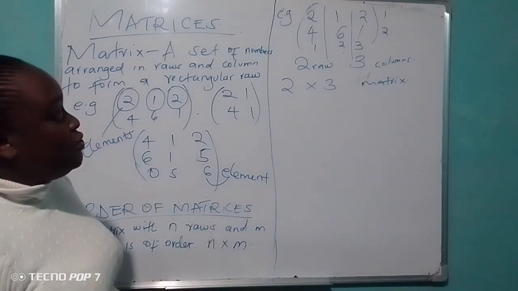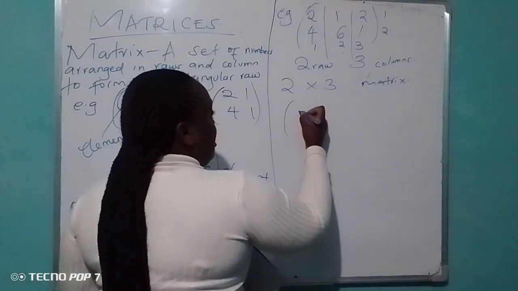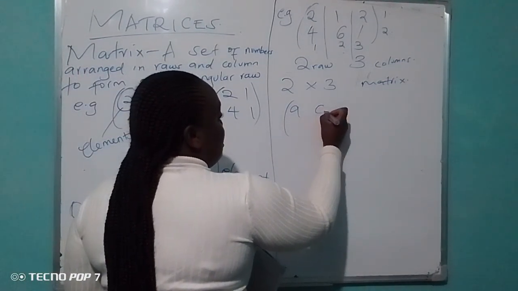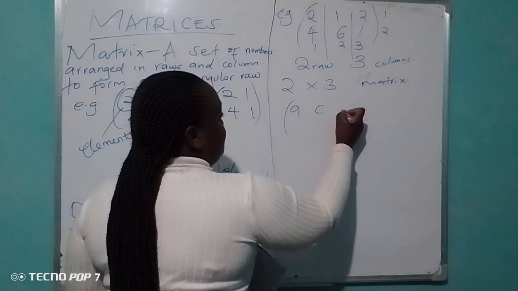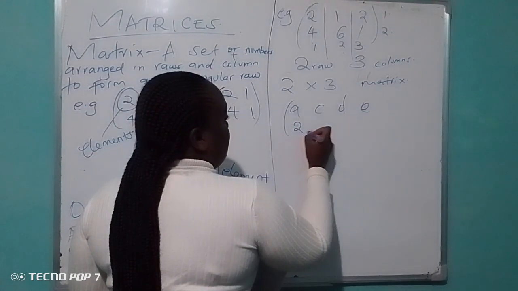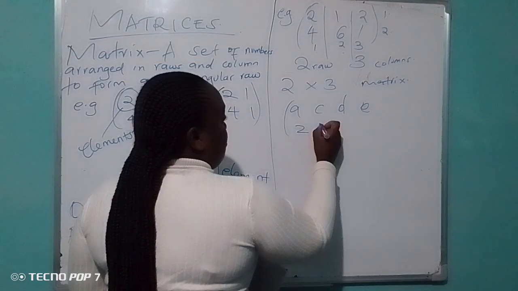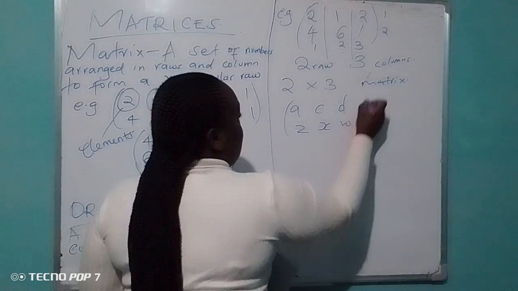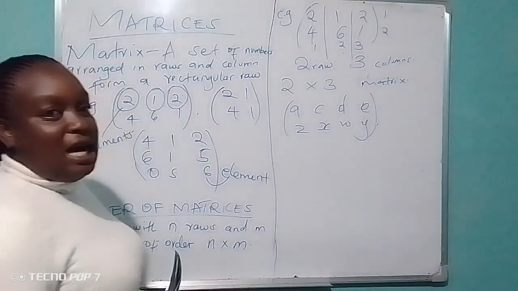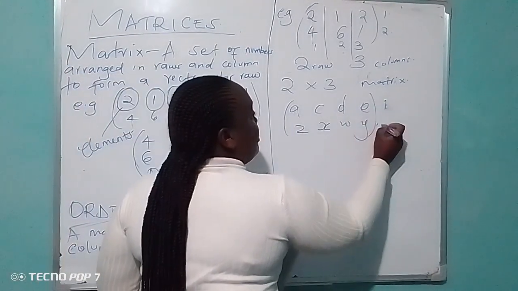Okay? So for example, we can do this. If this matrix is so, it has how many rows? Rows are this one, 1, 2.